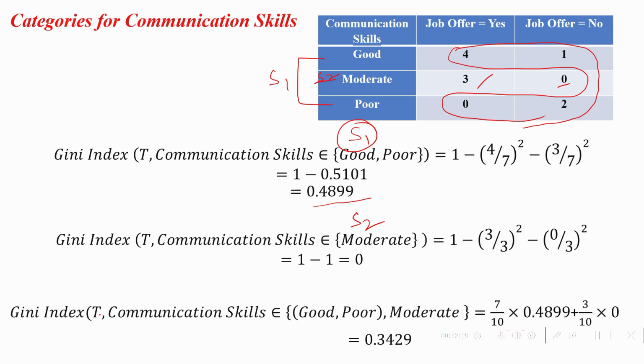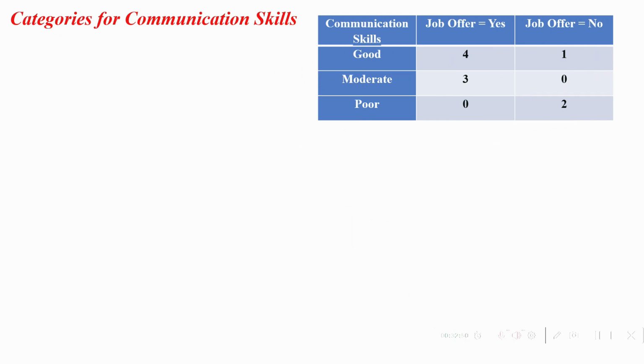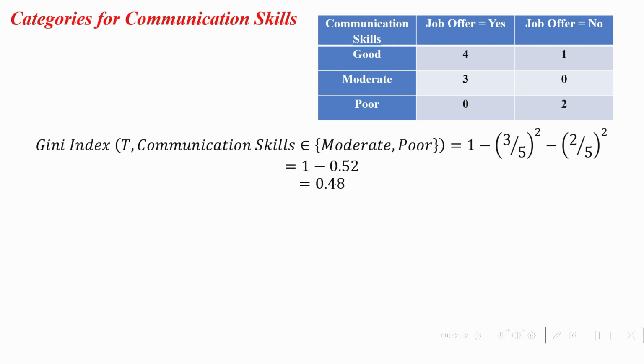Now Gini of the target variable with respect to communication skills belonging to subset 1 and subset 2: subset 1 contains 7 elements, subset 2 contains 3 elements. The Gini index of subset 1 equals 0.4899, Gini index of S2 equals 0. So that is equal to 7 by 10 into 0.4899 plus 3 by 10 into 0, that is equal to 0.3429.